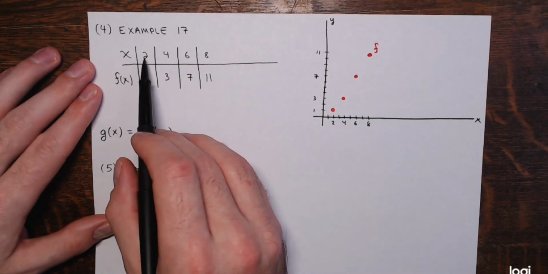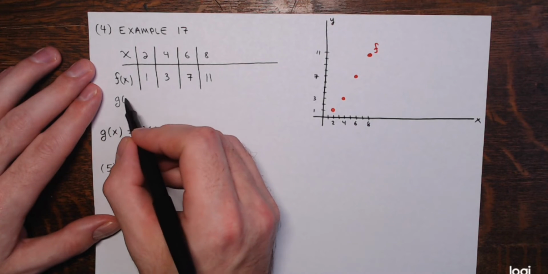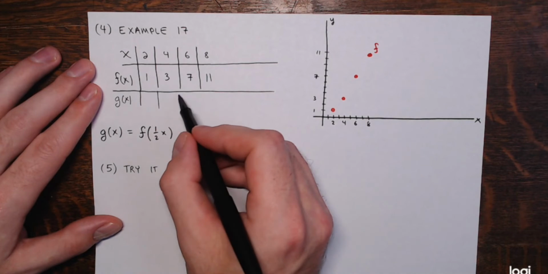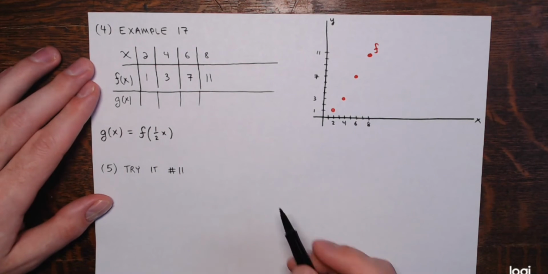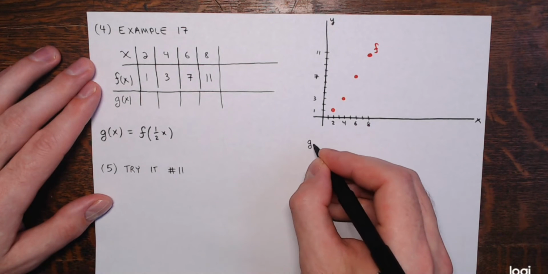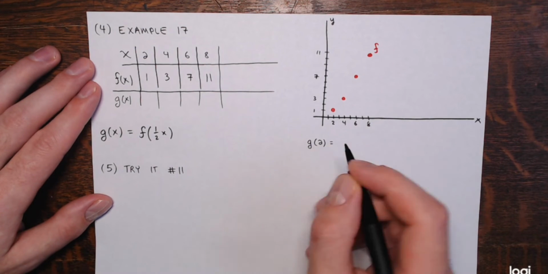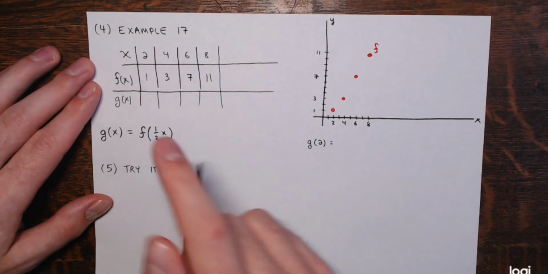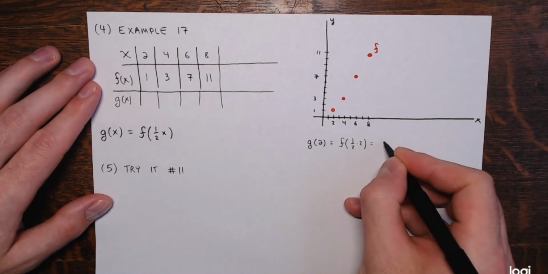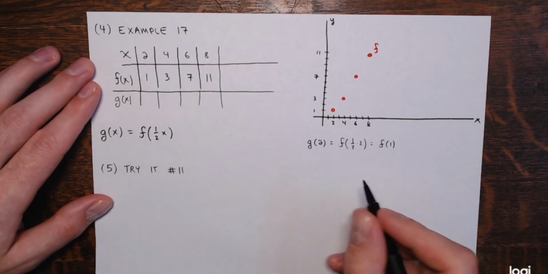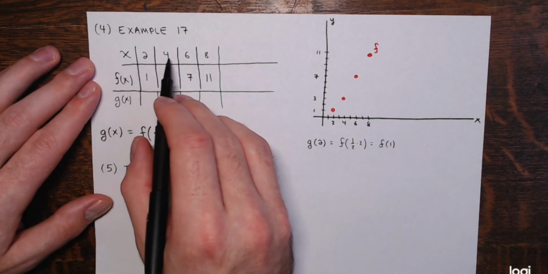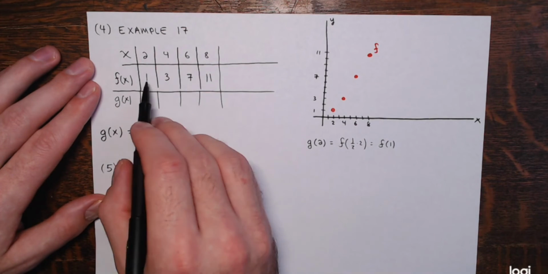If I make a little row for g of x here, and I say, okay, let's use these same inputs. What's g of 2? So I replace x with 2. Well, according to this rule, that would be f of half times 2. That'd be f of 1. So g of 2 would be f of 1. And there are no inputs of 1 up here. I do not know f of 1.